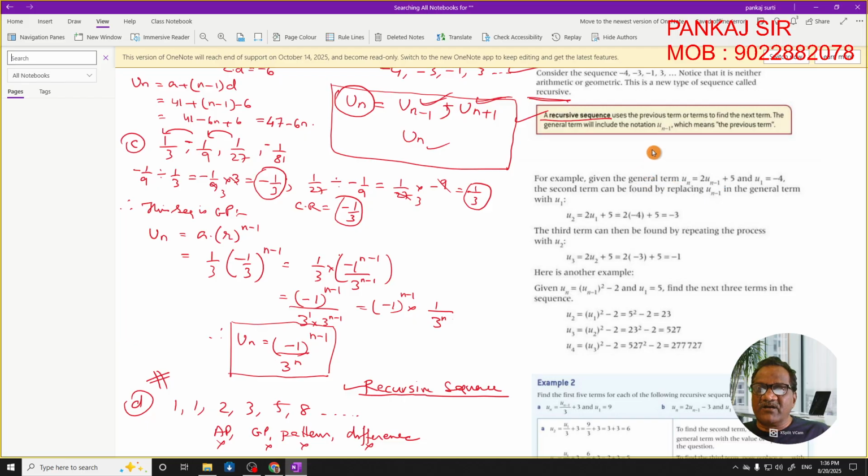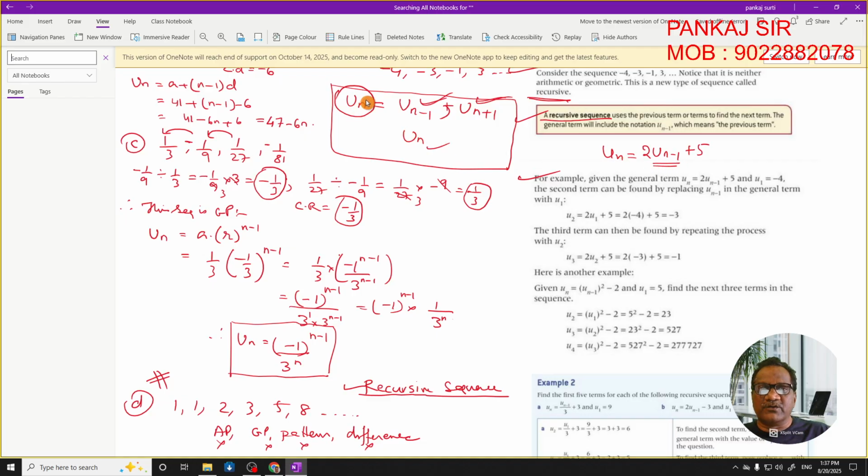Now let us take an example. Suppose you are given a general term of a recursive sequence as this. Can you see this? This is the general term: un is equal to 2 times un minus 1 plus 5. In this general term you can see un minus 1.